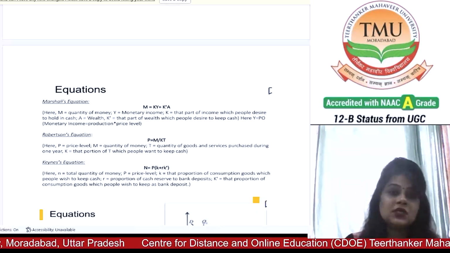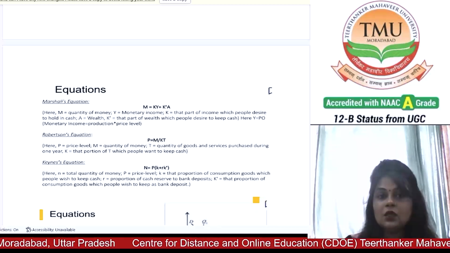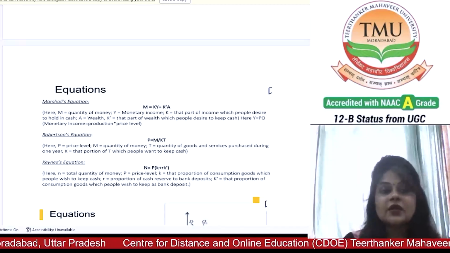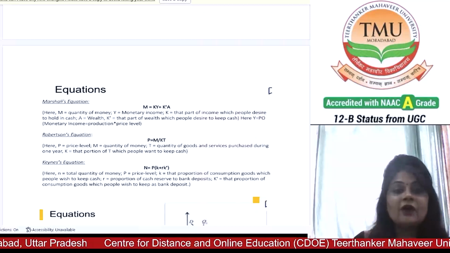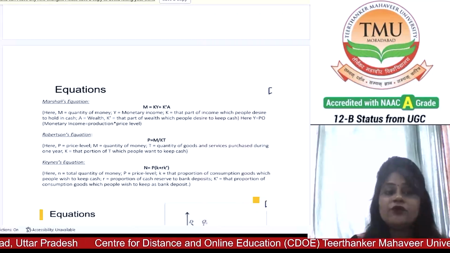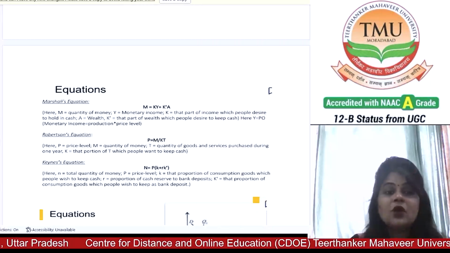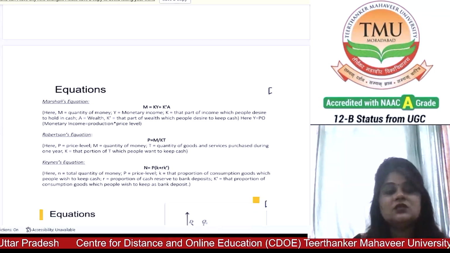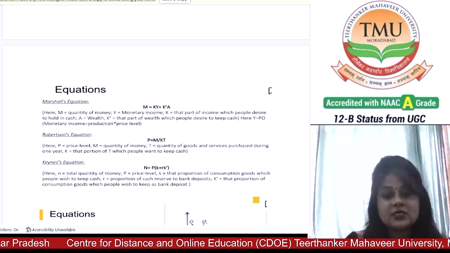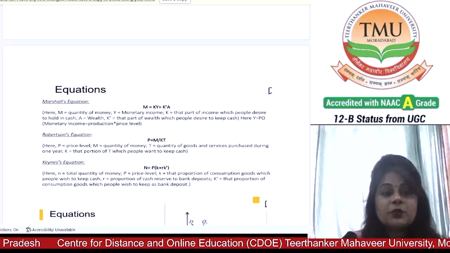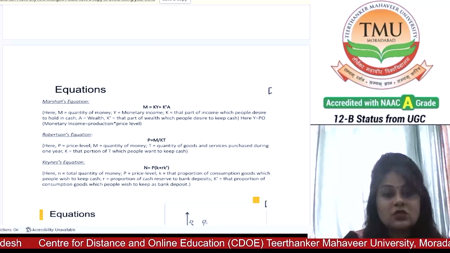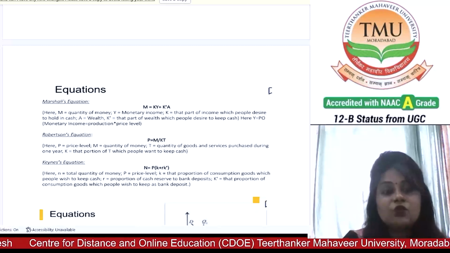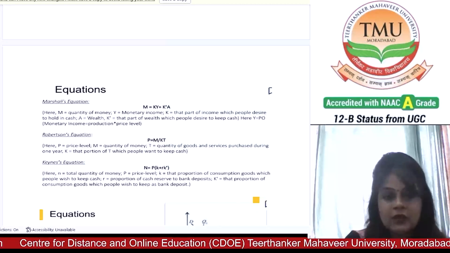Marshall says this proportion is always the result of deliberate decision. None of us has money holdings by accident. This is, in the most real sense, the demand for money. Suppose at one time people want to possess cash balance worth one tenth of the annual income.